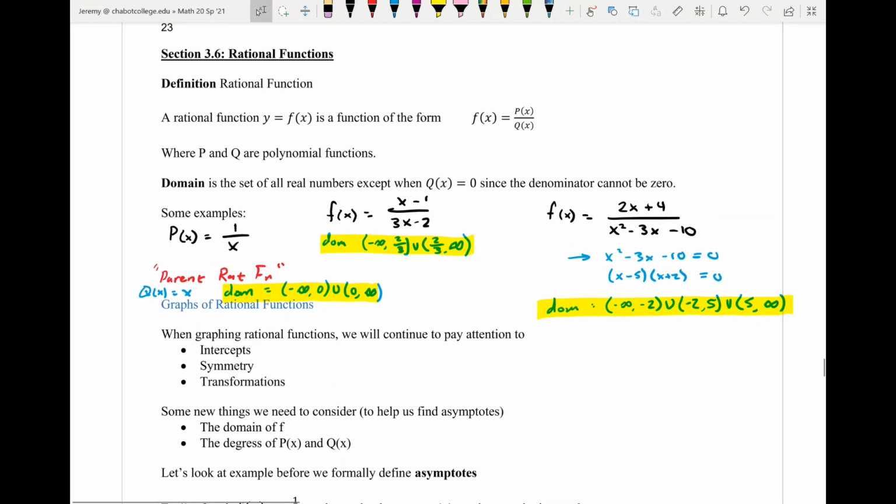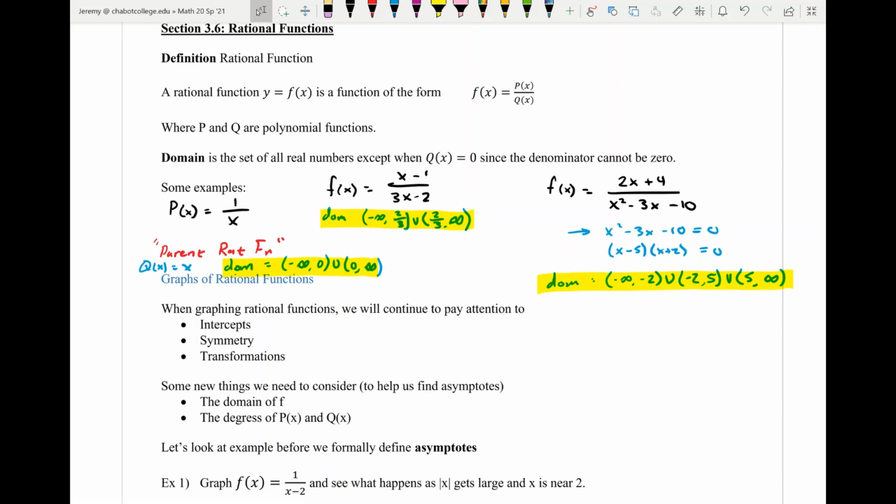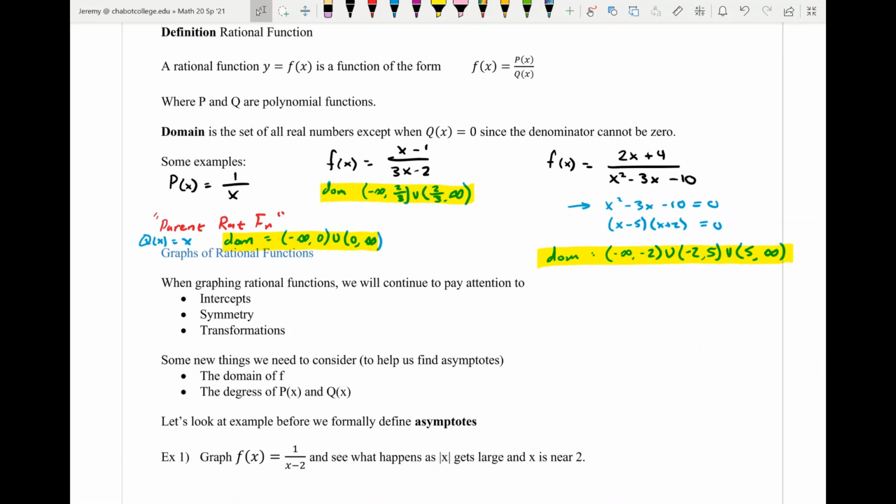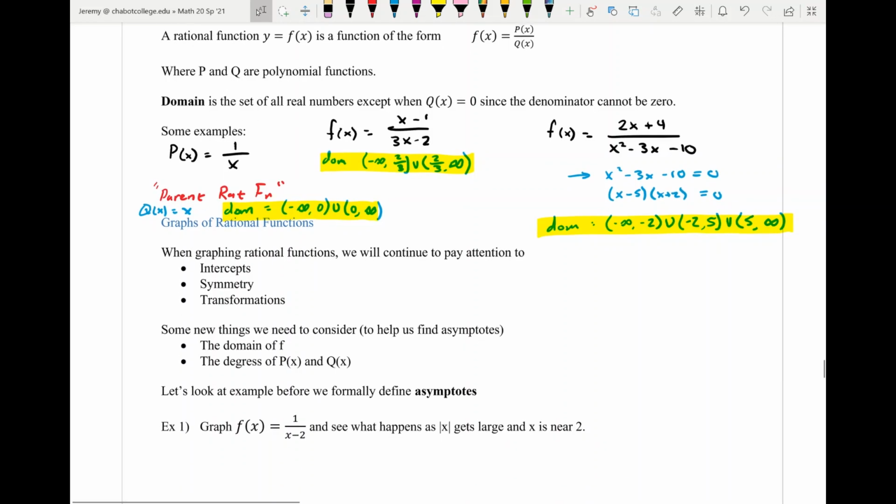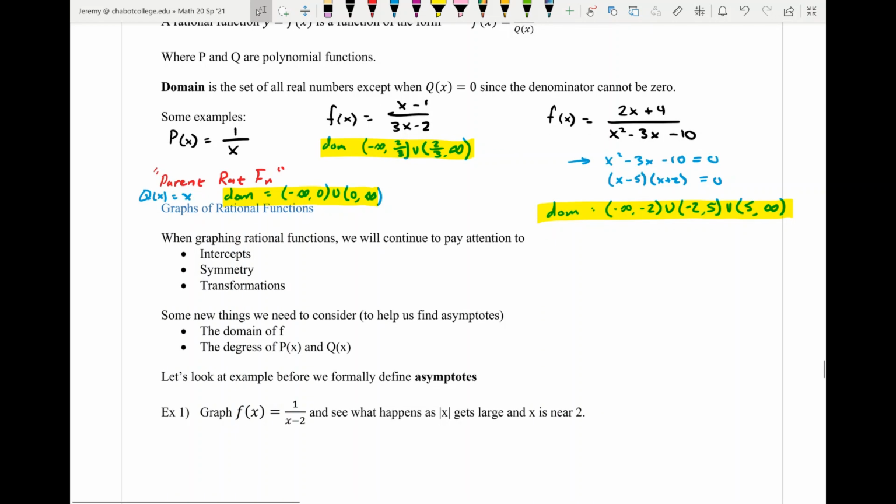I find this section to be super rewarding because we're going to get into graphing these things, and they have really interesting graphs. And once you get the hang of what to look for in a rational function, they tend to be kind of manageable to graph as well. You can get a surprising amount of information by just looking at the function.